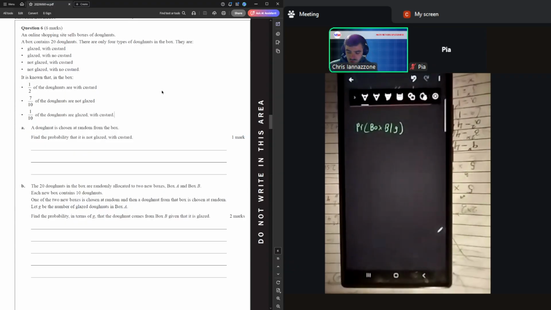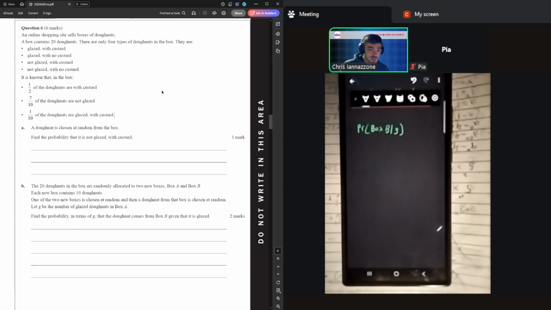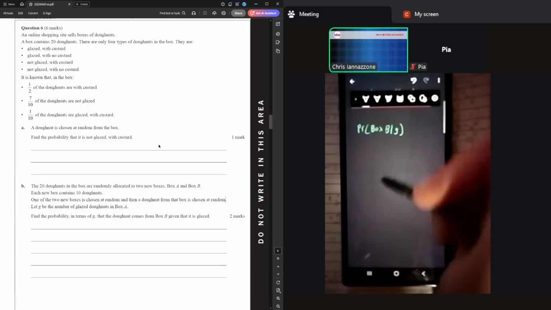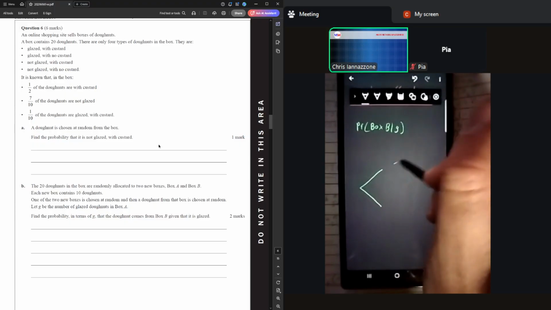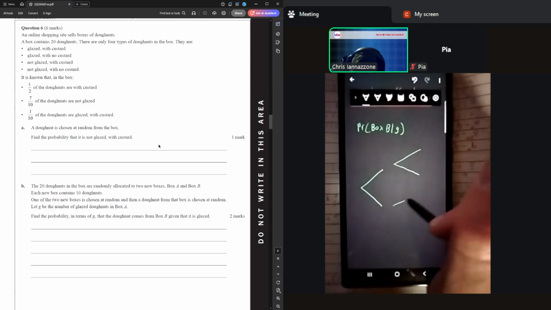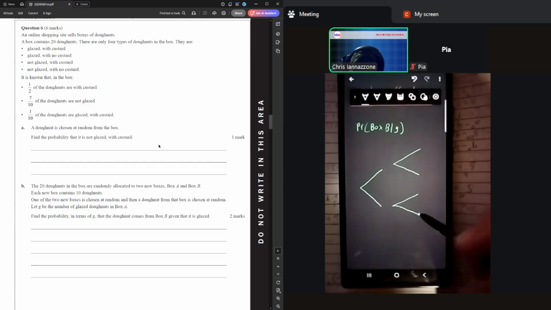Next up, I mentioned tree diagrams will be helpful here because we saw that there's a sequence involved. Choose a box, then choose a donut from that box. Cool. So we're going to have our tree diagram set up. The first stage is choosing a box, the second stage is choosing a donut.